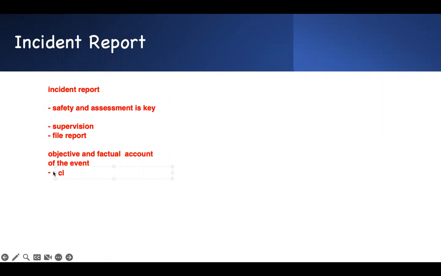So client report, you got to put it in quotation marks. You say, they say, and put it in quotation marks. Whatever they say, this is what they say. Any adverse effect to the client due to the event, you have to include it.